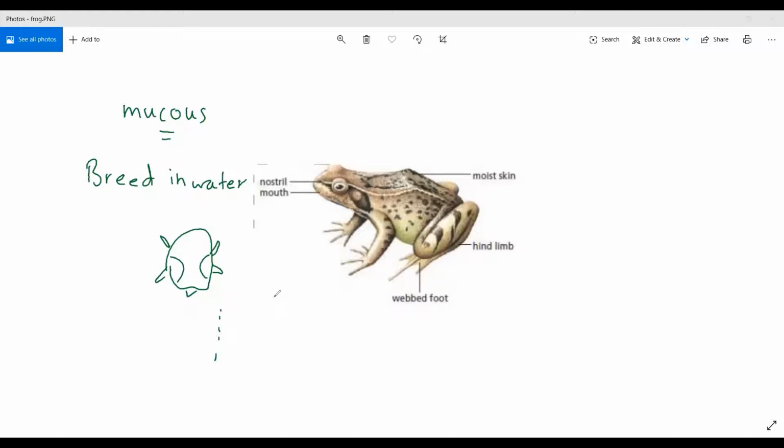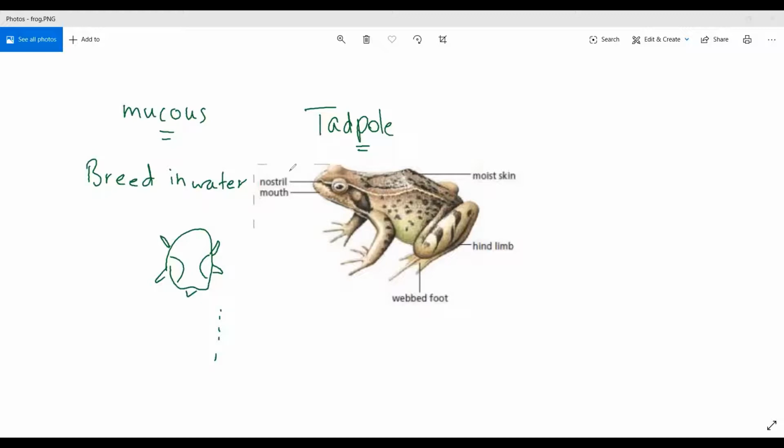This means that the young frog is called the tadpole. This is the frog after hatching in water. It breathes by gills, but when it becomes an adult, these gills disappear and are replaced by lungs in order to breathe on land.